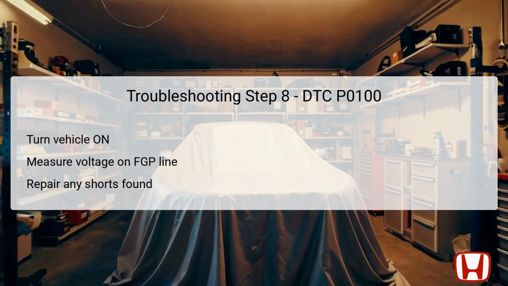If there is voltage present, this suggests that the FGP wire has a short to power, indicating a significant issue that must be repaired. If no voltage is observed, this confirms that the FGP wire is functioning properly, allowing you to proceed to check the MAF sensor directly to ensure it is operating correctly.